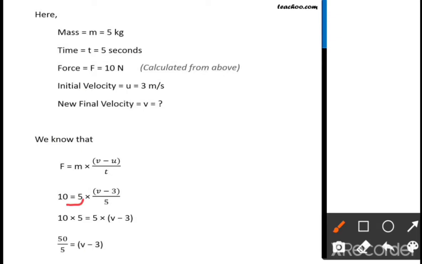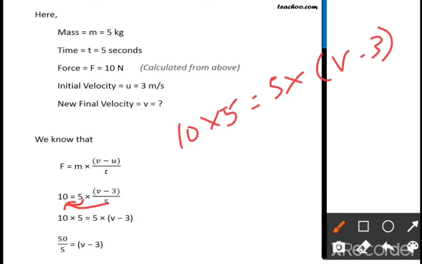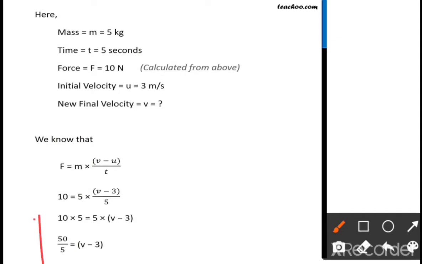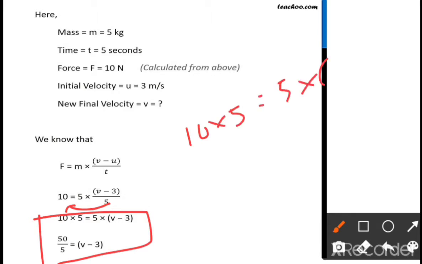This 5 will come here, so 10 into 5 equal to 5 into (v minus 3).